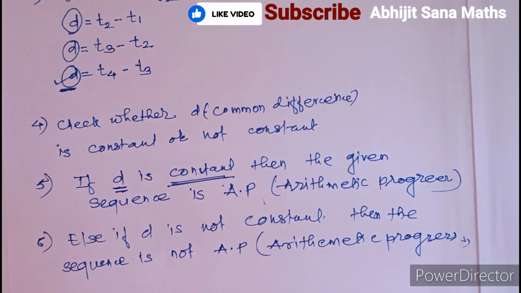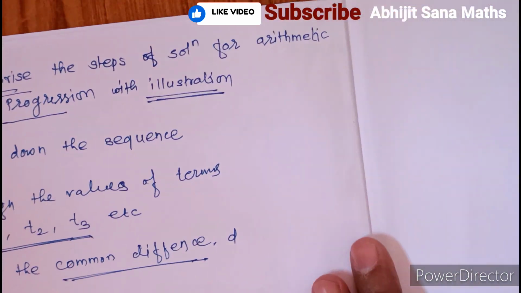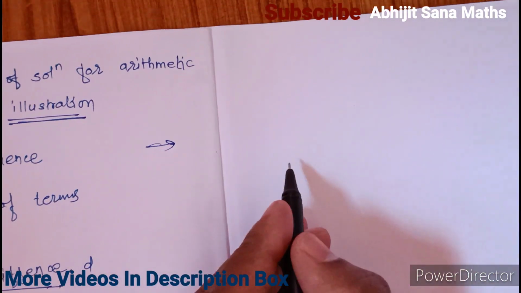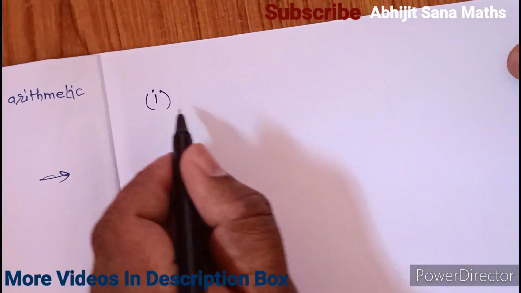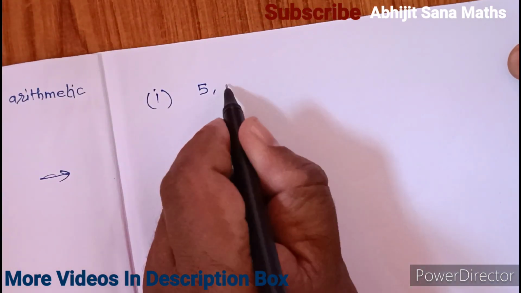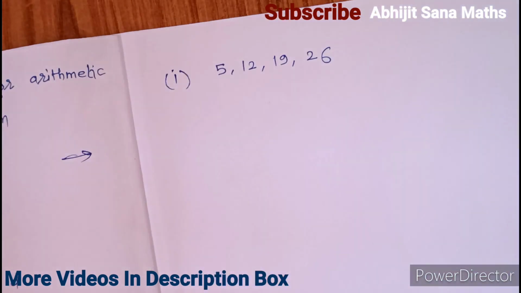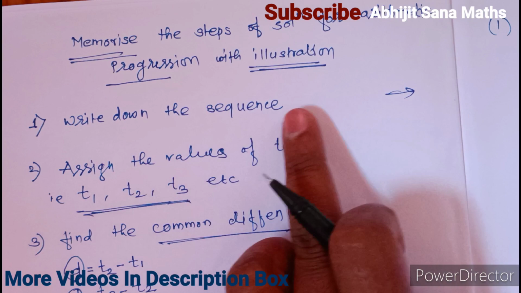Now these are the steps to solve. Now we are taking an example problem. Question number 1: 5, 12, 19, 26 is the sequence.